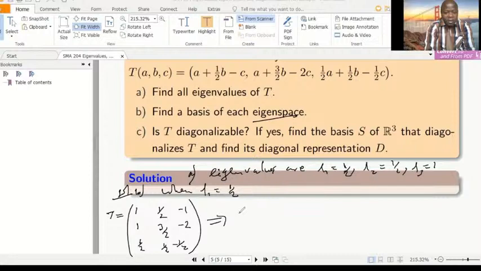So what we want is T minus a half I, multiplied by X, equal to 0, where X is the eigenvector X, Y. But let me use W.